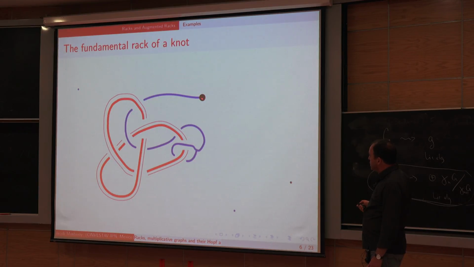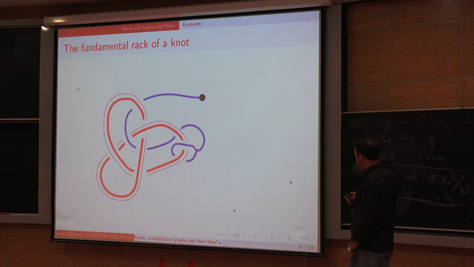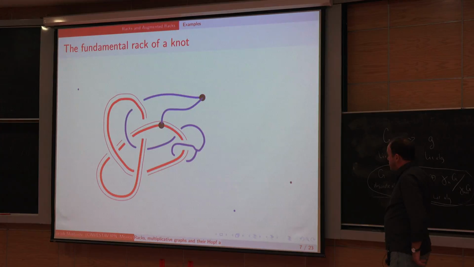We start at this base point, we go around this path, but then instead of hitting the knot, we just go around it once, and then go back along the same path. This is the element of the fundamental group that corresponds to the element of the rack, and this is an attempt to represent the rack operation.